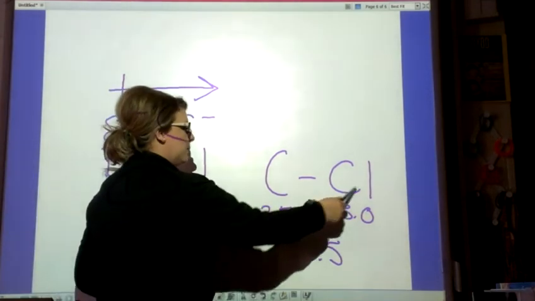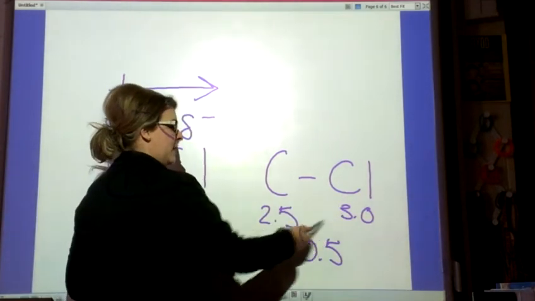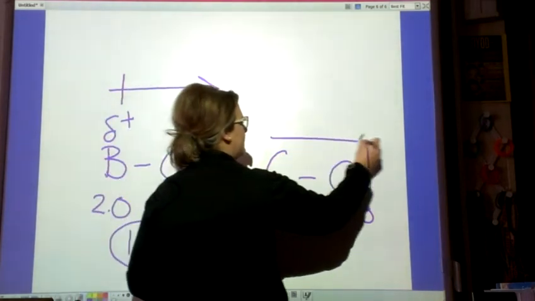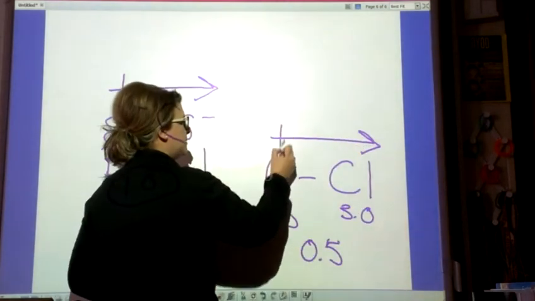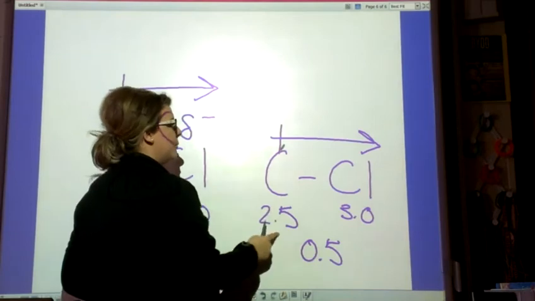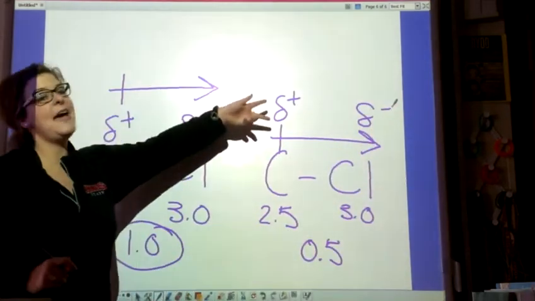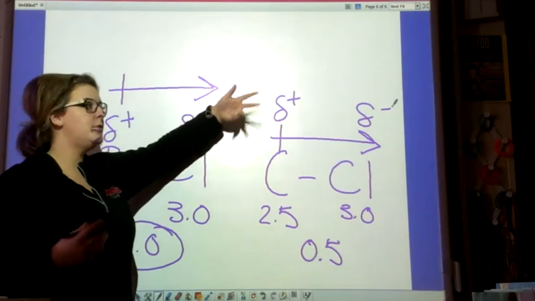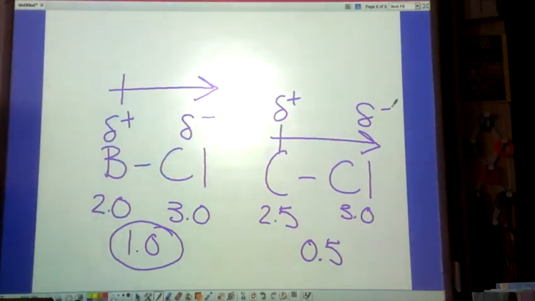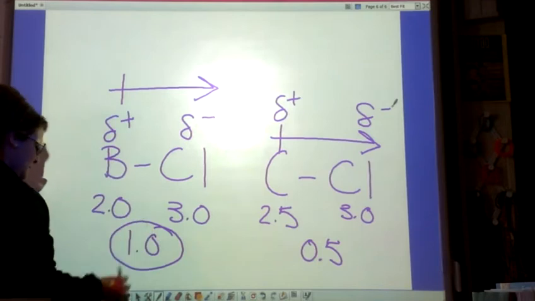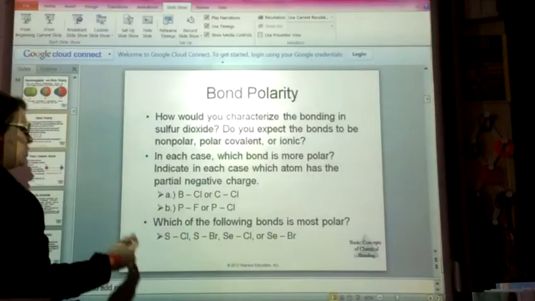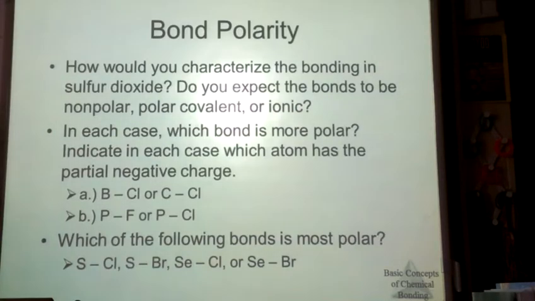Chlorine is more electronegative than carbon. Same thing here. The arrow goes to the more electronegative end, with delta positive on the electropositive end and delta negative on the other. You do not have to do both. The only reason I'm doing both is to show you that you could have done one or the other, okay? So the arrow is fine, or the deltas are fine. I just want you to know that both are acceptable.